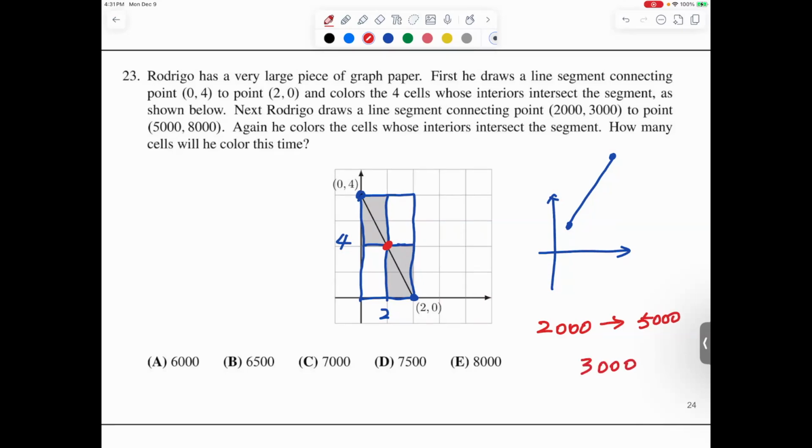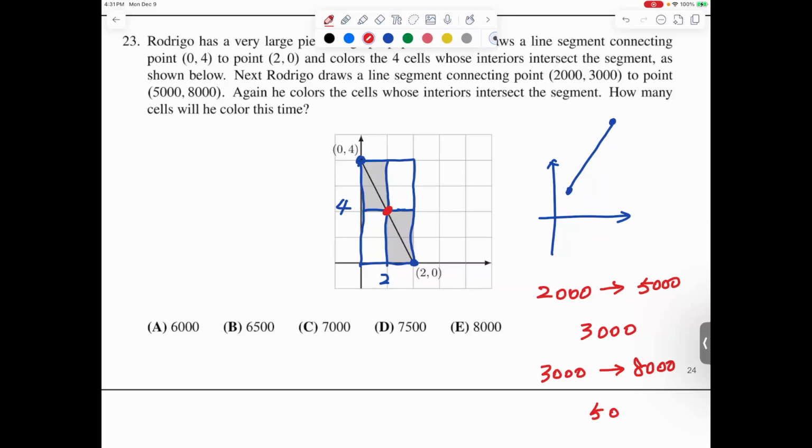The difference in Y, from 3,000 to 8,000, is 5,000. These two numbers are pretty large, and they have a greatest common divisor of 1,000.